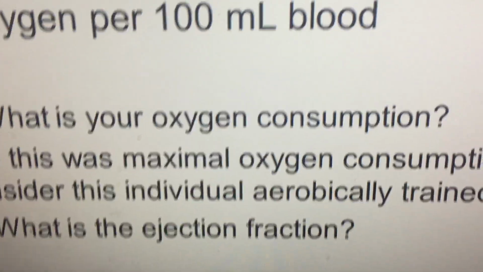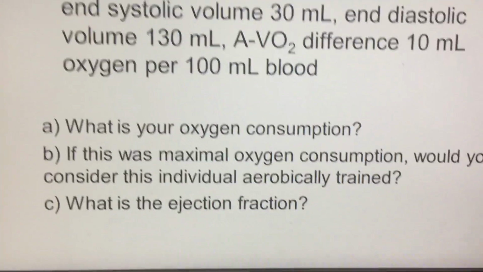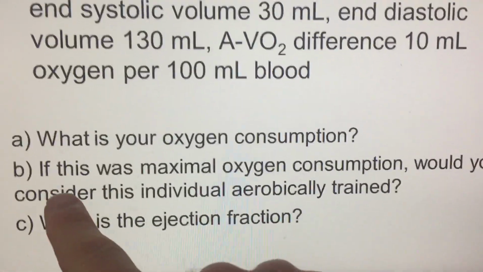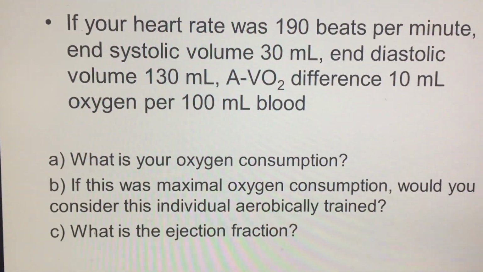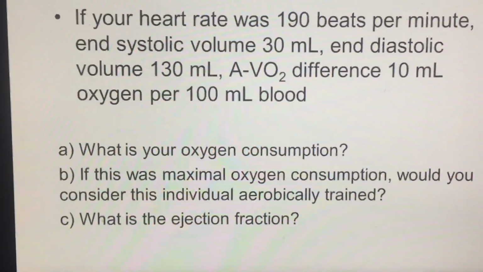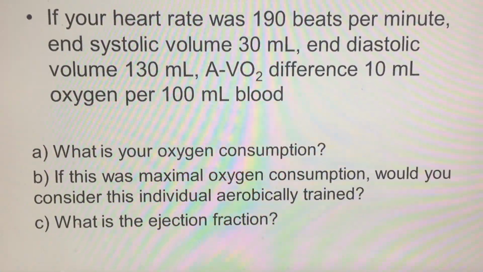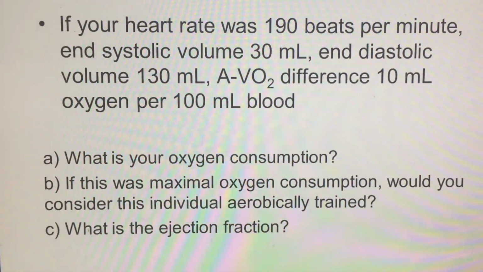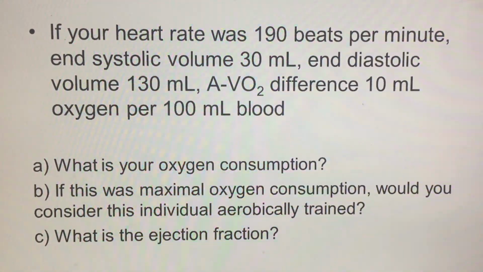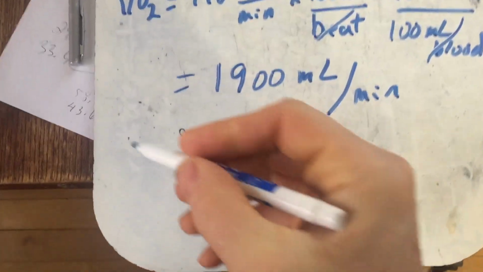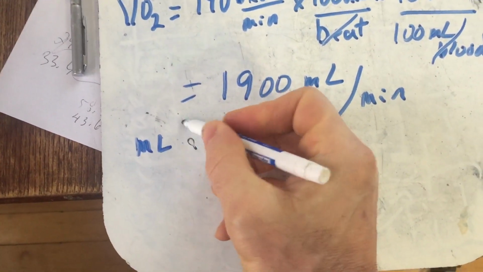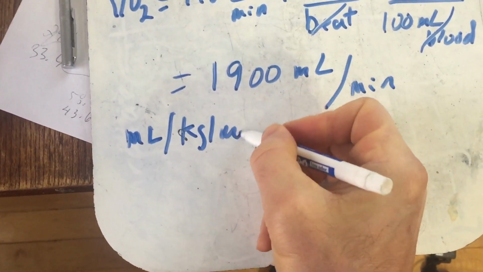Now, in the next part, so that's your oxygen consumption. Next part I ask, if this was maximal oxygen consumption, would you consider this individual aerobically trained? So last day I gave you some values for trained males and trained females for oxygen consumption. And you know from those values that I used the units of milliliters per kilogram minute.